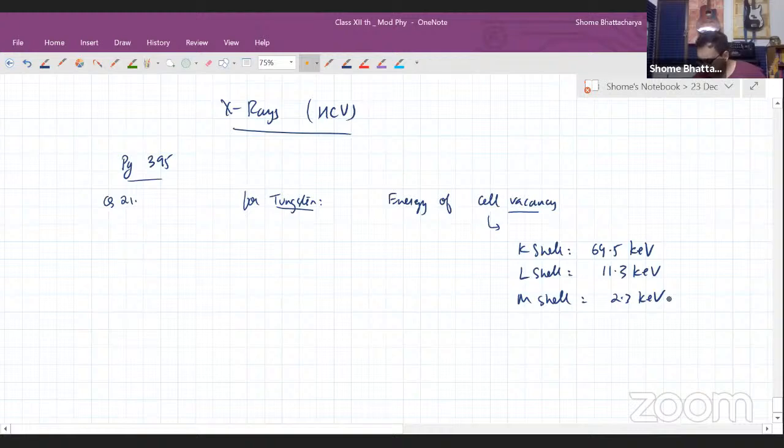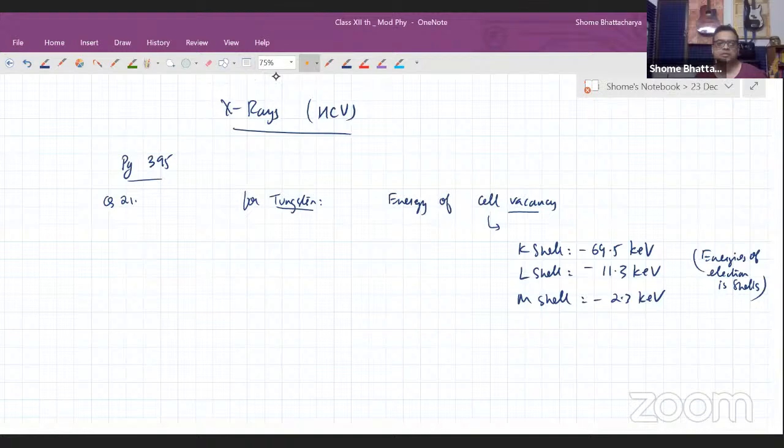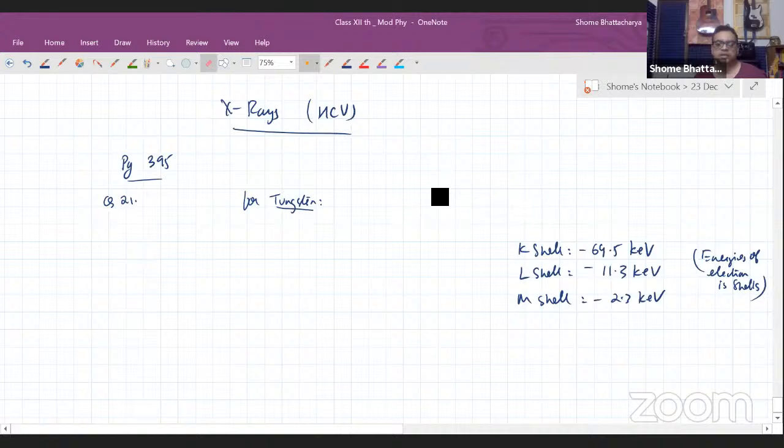Okay. Now, energy levels of the shells are given. Actually these energy levels are given, but they should be negative energy. So if you're talking about this in terms of energy levels, they should be minus, minus, and minus. These are the energies of electrons in these particular shells. Whereas if we are talking about the energy required to create a vacancy, then that will be that positive energy. Okay.